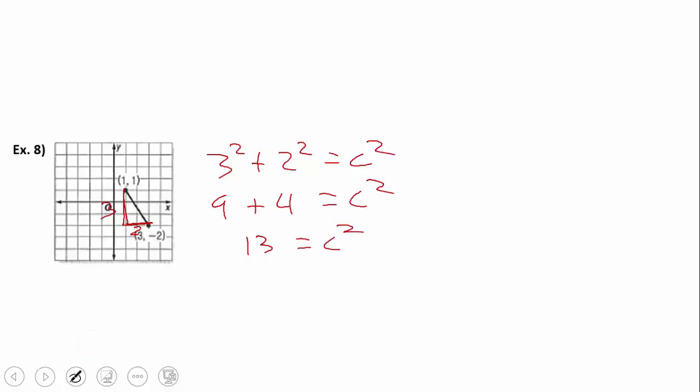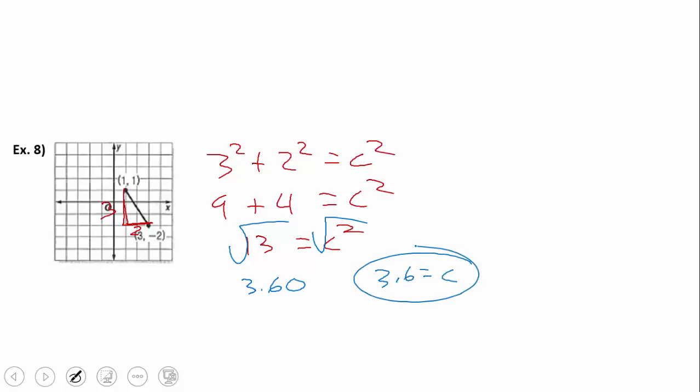And I am going to find the square root of 13, and I find that to be 3.60, and there's more numbers. So we say 3.6 is equal to c. It's this simple. It's this straightforward. Recognizing that we have a vertical distance, a change in the vertical is going to be one leg, and change in the horizontal is the second leg, because this is leading us to the distance formula in our next video.